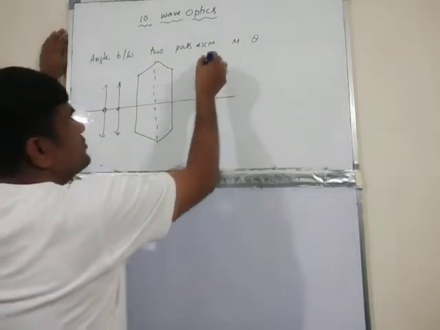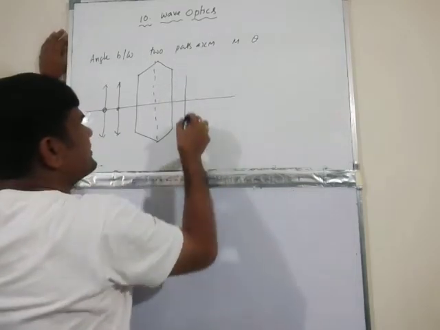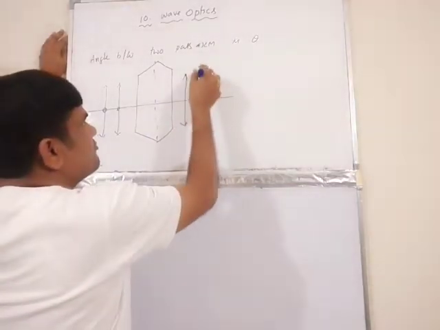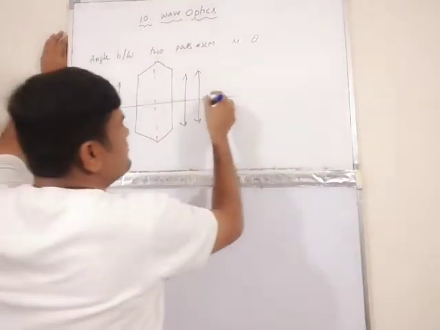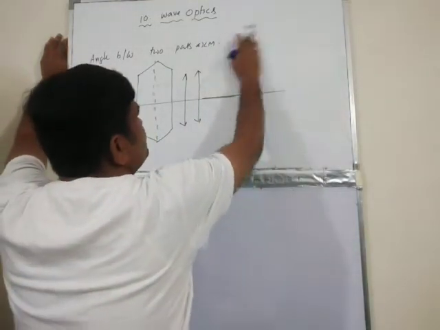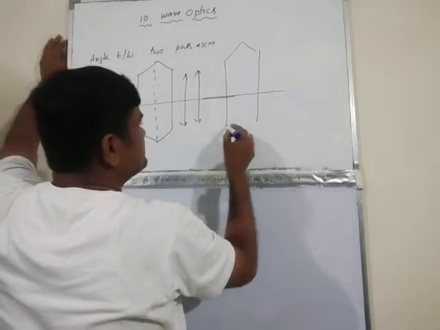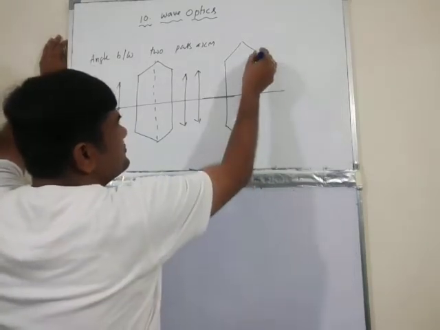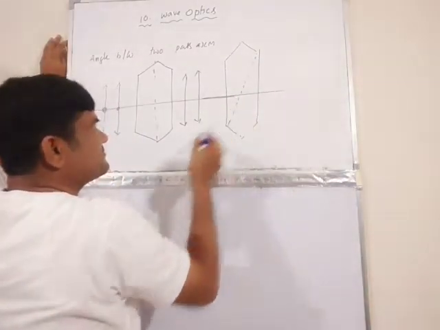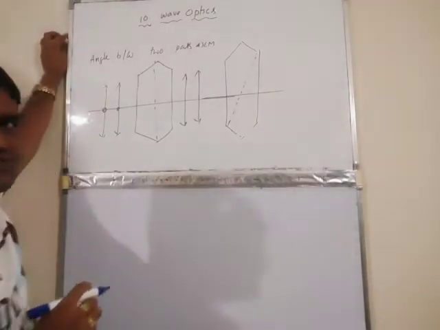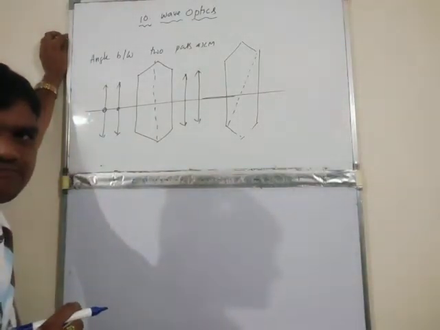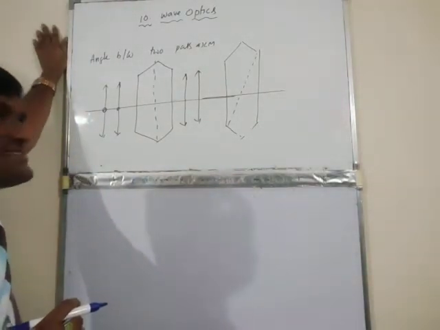So now one more Polaroid will be there. These are the polarized light waves. Next, here is the second Polaroid, but its axis I will consider in this manner. This is the path axis.